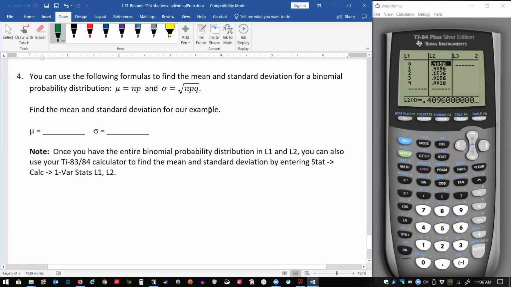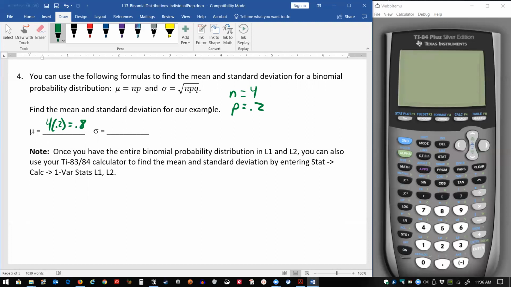So in our problem with Eric, what is my n? My n was 4. P, my probability of success, was 0.2. So what is n times p going to be? Well, that gives me 4 times 0.2, which is 0.8 as the mean for my binomial probability distribution. Well, if p is 0.2, that means q was 0.8, right?